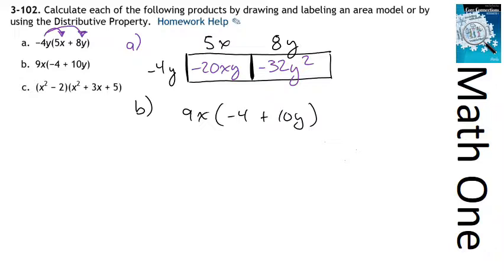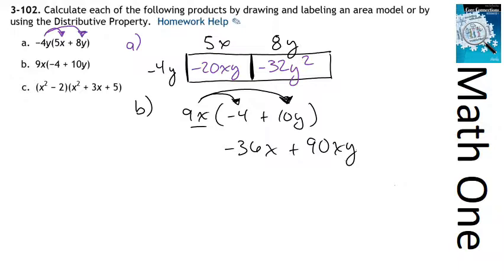So you make that decision. To do the distributive property, I'm going to multiply both negative 4 and 10y by 9x. So when I do that, negative 4 times 9x is going to be negative 36x. And then 9x times 10y would be a plus 90, and I'll just write x times y.